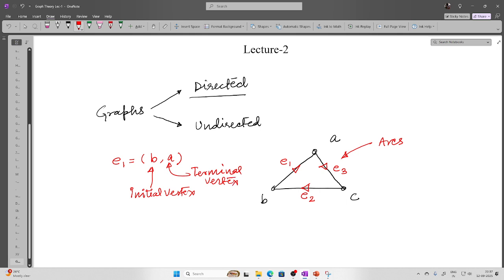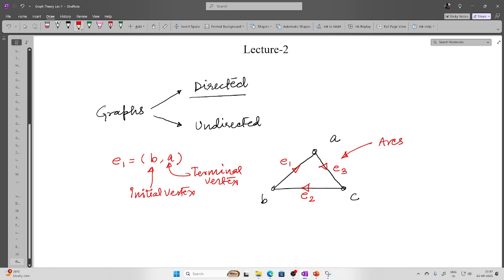So the edge or the arc E1 will be starting at B and ending at A. So this is the direction attached to this particular edge. And due to the presence of these directions, graphs which are having directed edges are called as directed graphs.